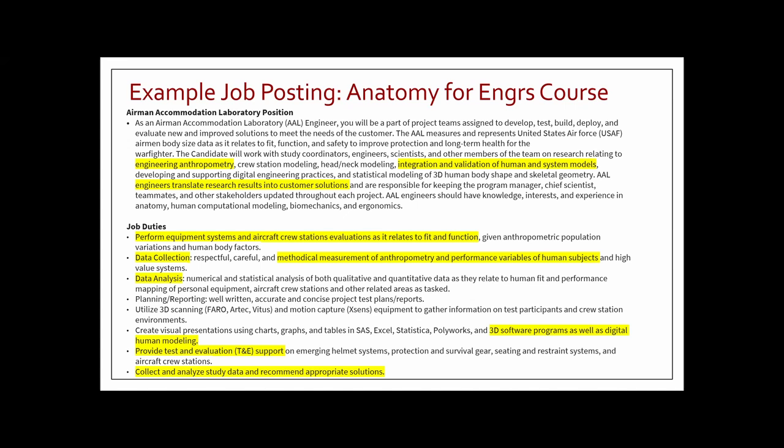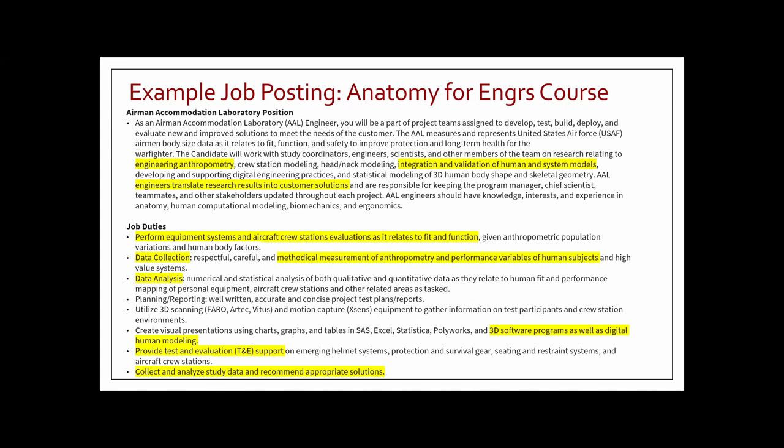I actually did not highlight anything for them when I showed them this, but I let them read through this assignment. I'm highlighting things for you because when I was designing this class this summer, I was looking at job ads and trying to pull out skills that people hiring our students will want.